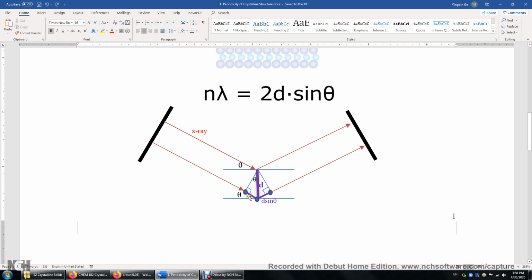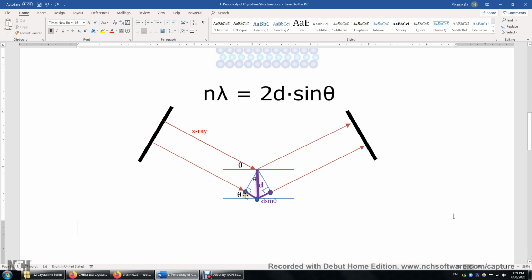Again, the second beam has traveled a longer distance than the first beam. The first beam is like this. The second beam is like this, and this segment, this arrow, has the same length as this red arrow.